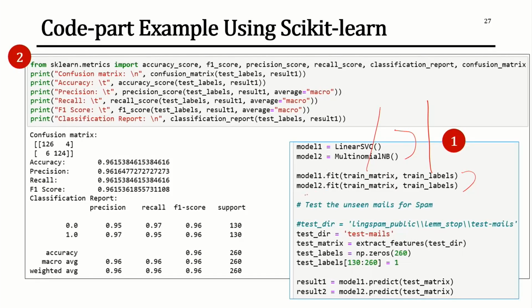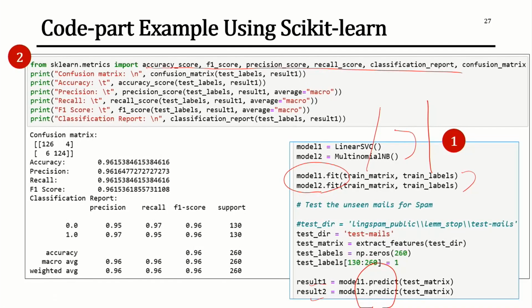So after we train a model from here, we can do the predictions. So from the prediction, we have the result. And next, we can use this package to show the evaluation results from our resulting prediction.